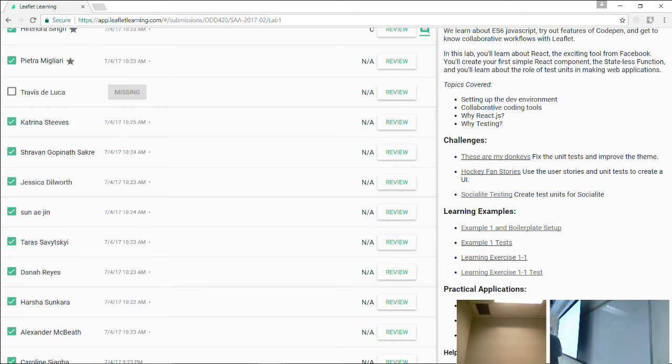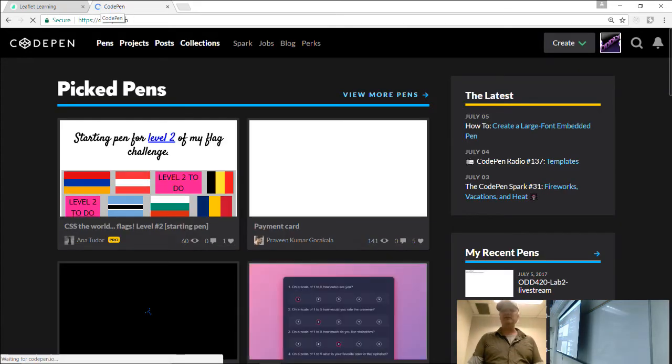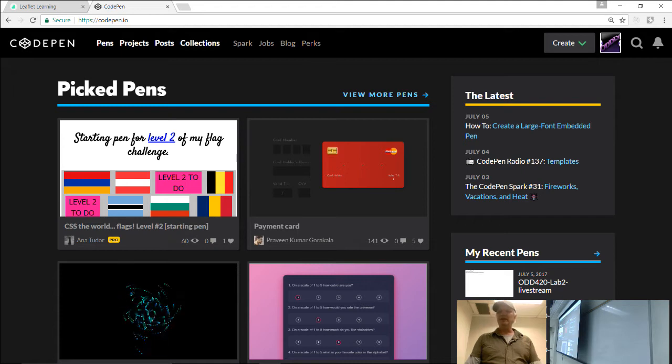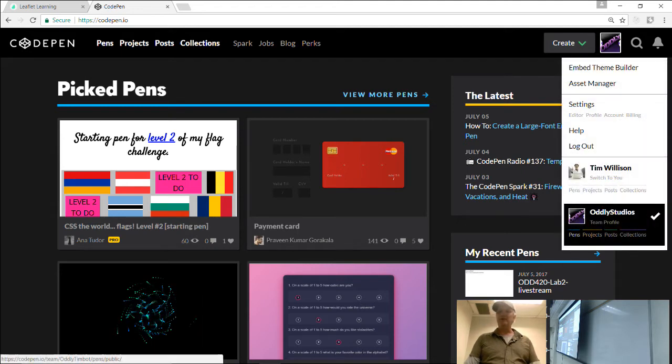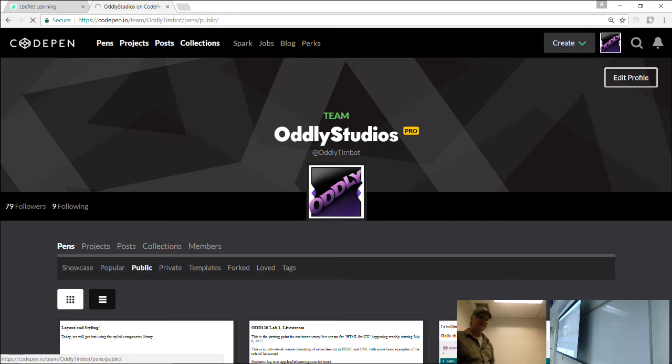Let me mention that point for you guys, because I think it's worth knowing about. If you are looking for your work from any of your previous labs, and you click on your profile and go to your pens, you may not see it in there if you forked my pen to start with. You have to go over into Forked, and then you'll see it.